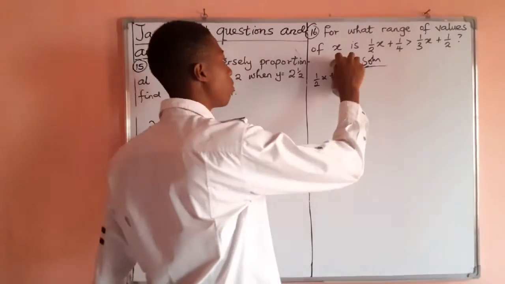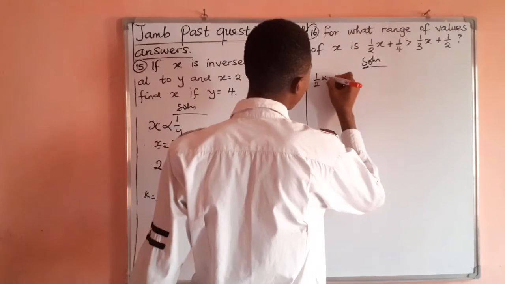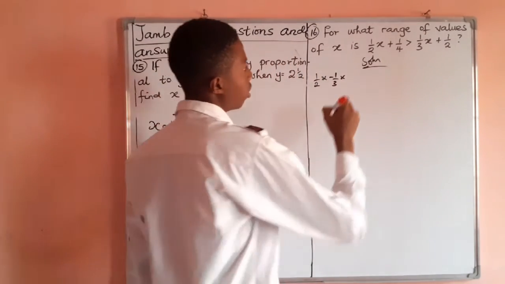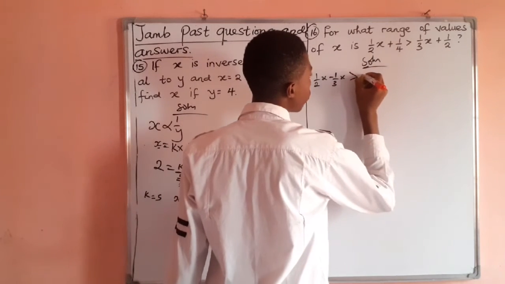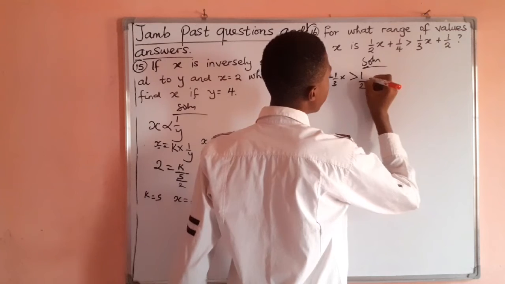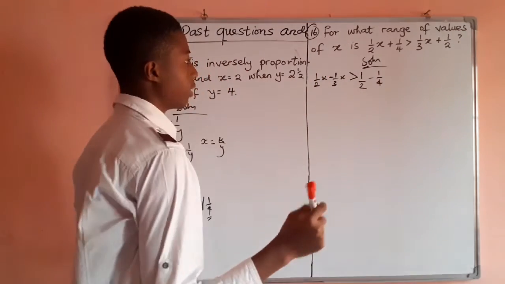So we won't be having plus anymore. We'll be having minus 1 over 3x. Now, is greater than plus 1 over 2 will still be there. 1 over 2 plus 1 over 4 crossing over will be giving us minus 1 over 4.